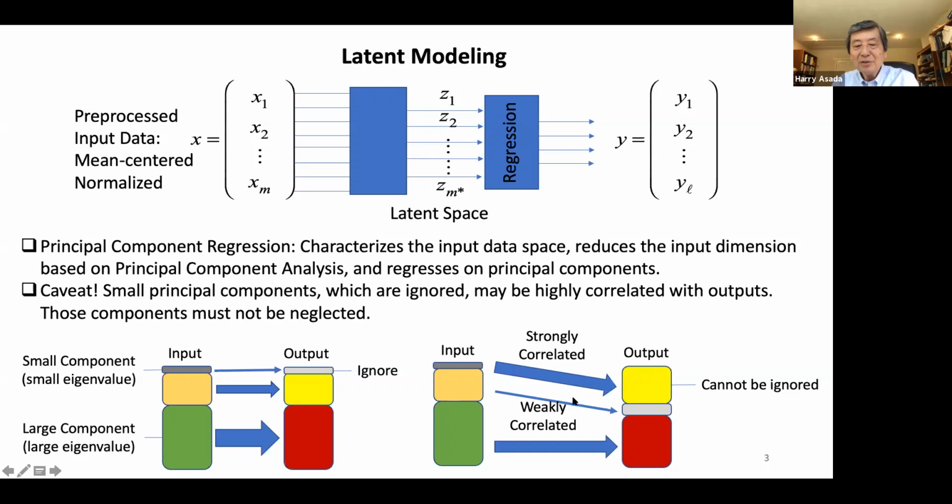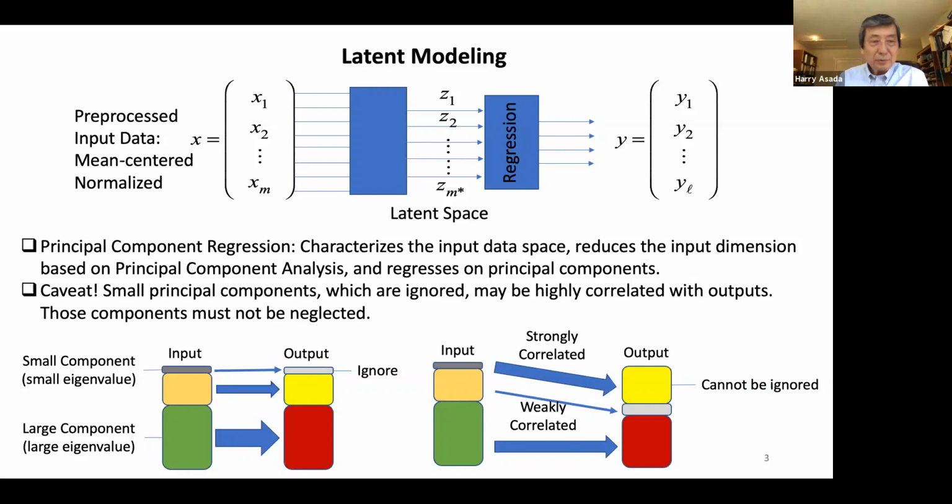By knowing this, you can't say much about the output. They are weakly correlated. If this is the case, this is not actually a significant component, right? Instead, this other one you should not ignore. You should take into account that this must be involved in the reduced space, right? So here's the point that we need to think about a little more carefully.